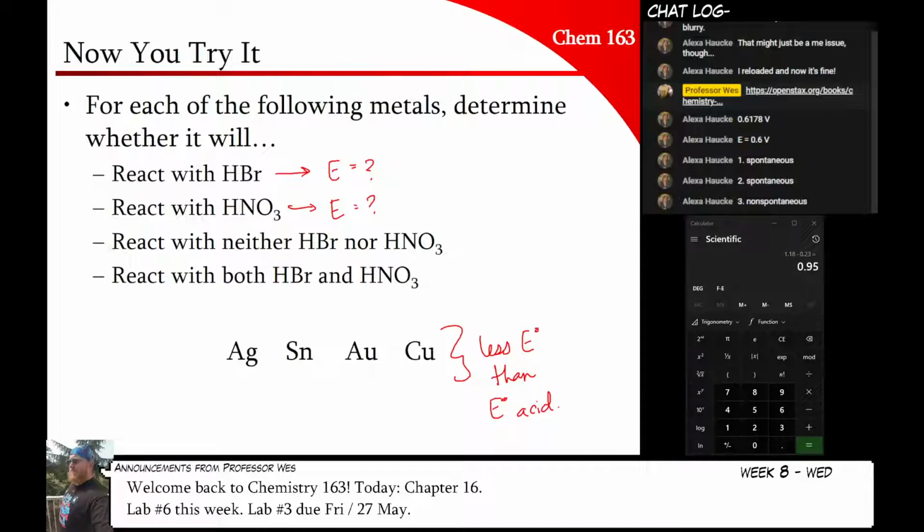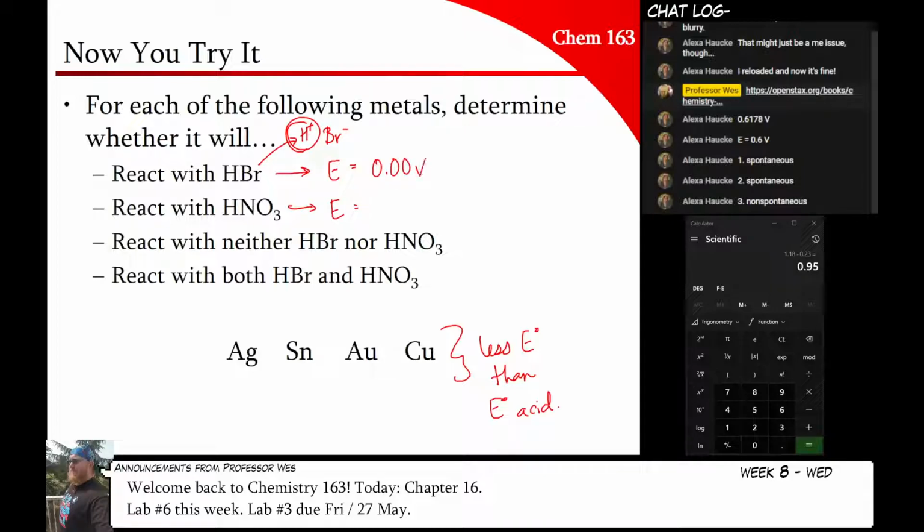Oh, we're going to run out of time here, because it's already 11:50. But we'll go over the answers. So first of all, let's fill in these voltages here. HBr is H plus and Br minus. Only this one can be reduced, and that's the H plus.